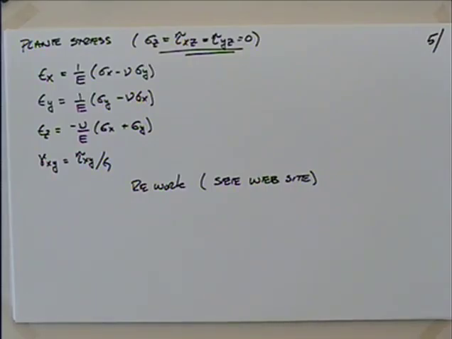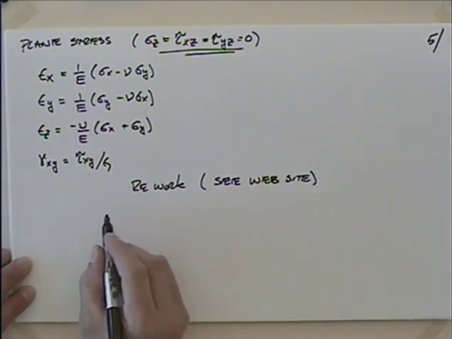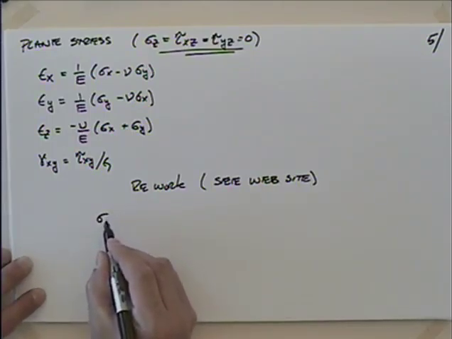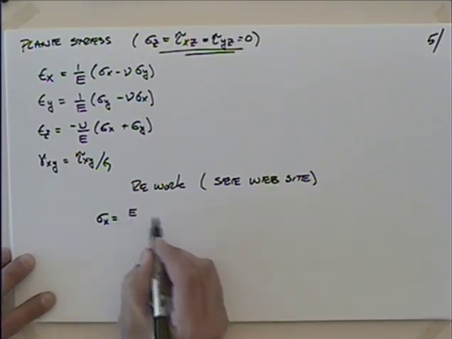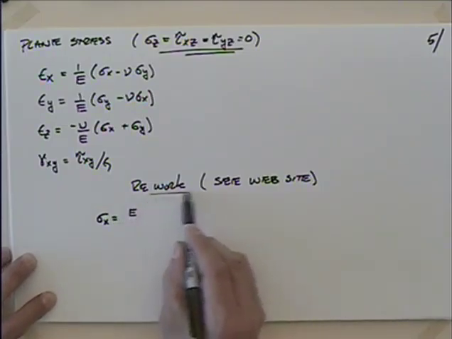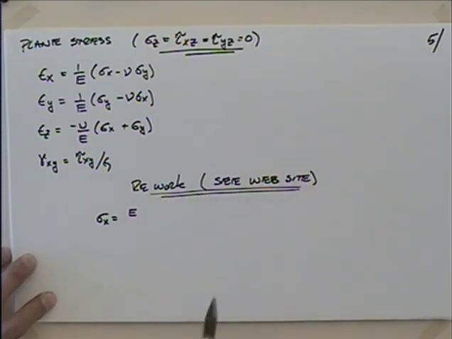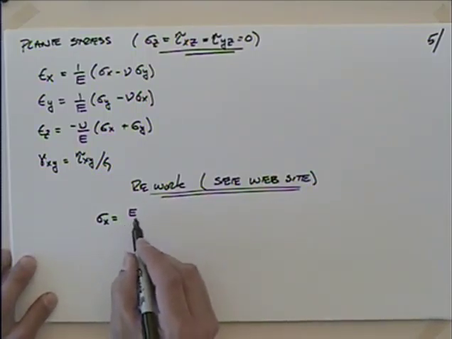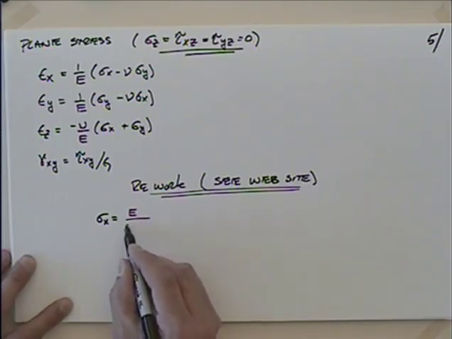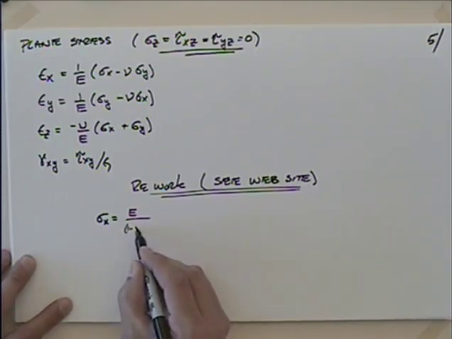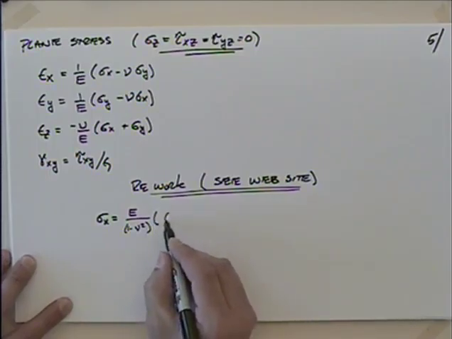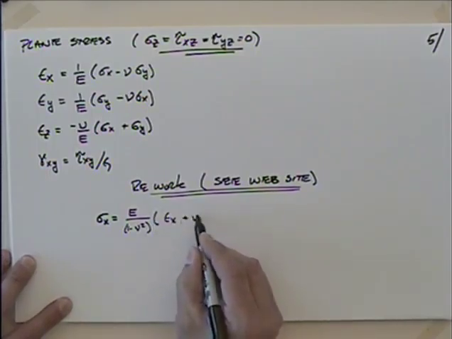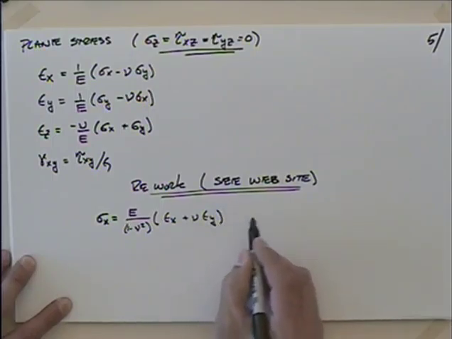So we'll go through and rearrange these so that we can come up with stress in terms of strain. So sigma x is equal to Young's modulus, and I'm just giving you the conclusion. There's quite a bit of work here, and that is on the website. So we get E divided by the quantity 1 minus Poisson's ratio squared, times epsilon x plus Poisson's ratio times epsilon y.